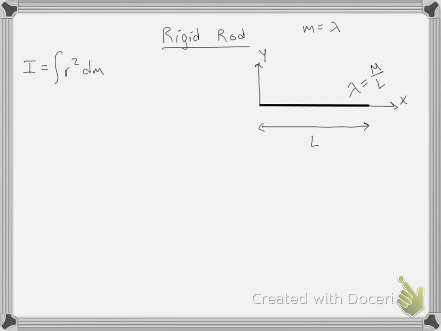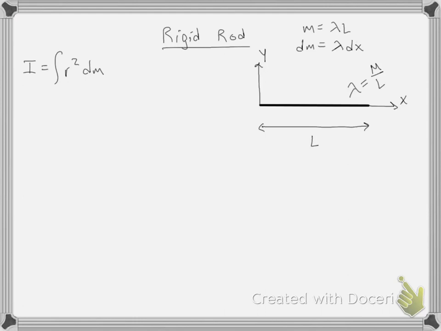Let me keep it L there, and when I write the differential mass, that can be written like lambda dx. I'm sorry, whoops, this is where I wanted to write x. So for every infinitesimal mass chunk we have, the mass of that is equal to lambda times that differential distance dx in that case.